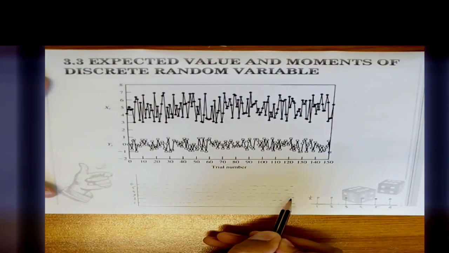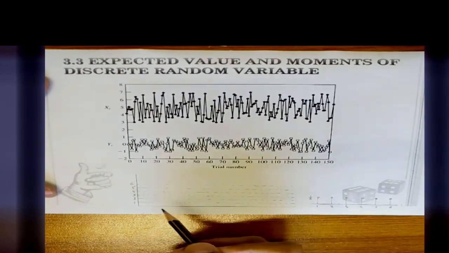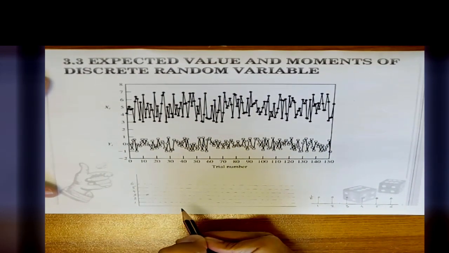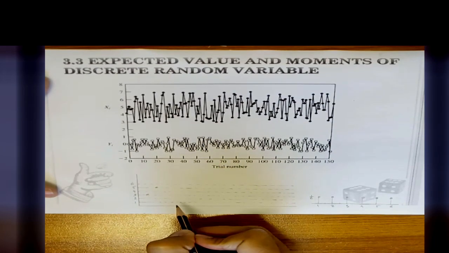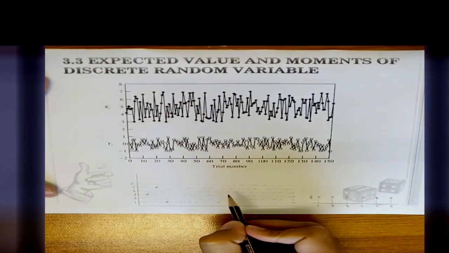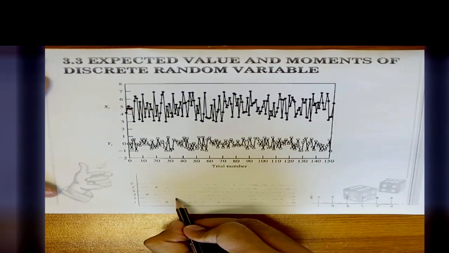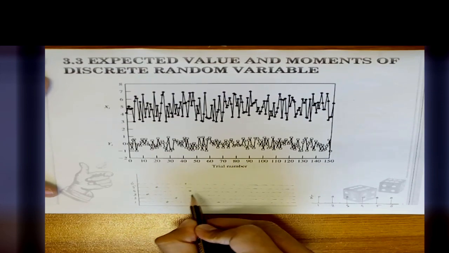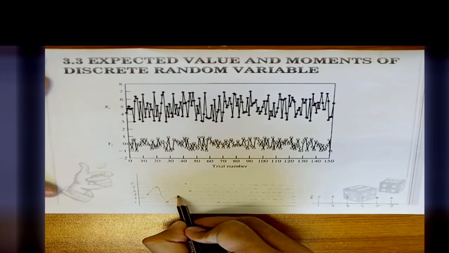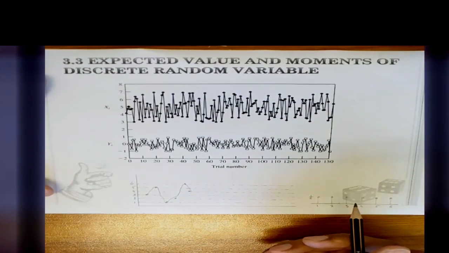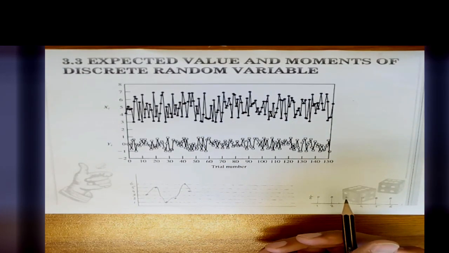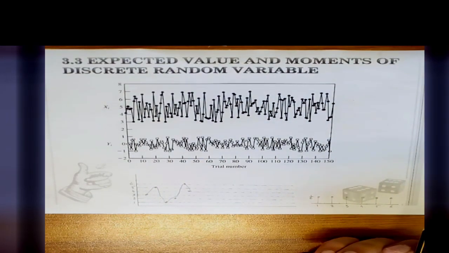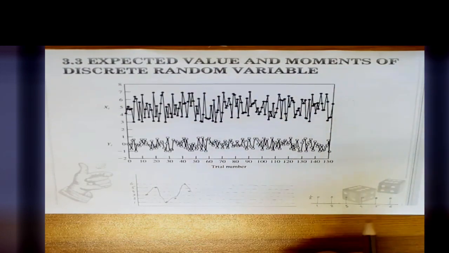And if we want to draw their outcomes, for example, I rolled it once, I got a 3, and then I rolled a second time, and I got a 5, and a third time I got a 1, and a fourth time I got a 2, and a 6 and 4, etc. So I'll have something like that. So my random variable is the number of dots facing up, and these are all the outcomes that it has in these 5 trials.